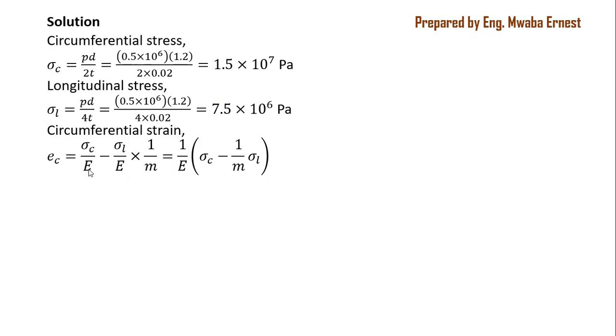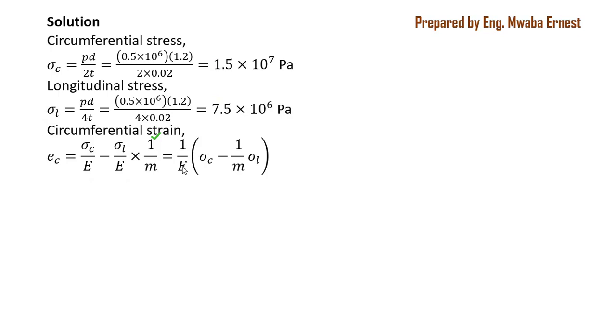But we don't end there. We say minus the counterpart, which is the longitudinal stress over Young's modulus, but we also multiply by 1 over m, which is basically Poisson's ratio. Now, when you look at this expression, we might as well make it smart because 1 over E is common on both.